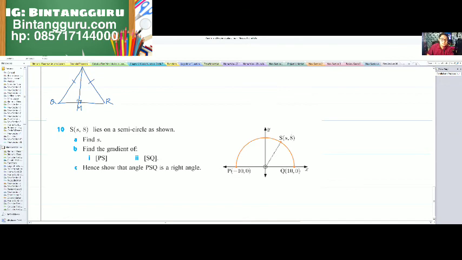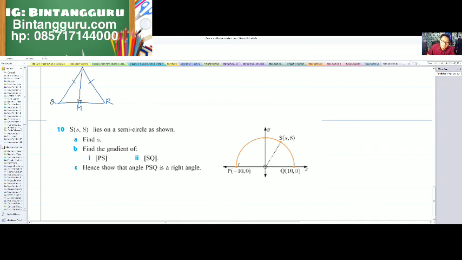Find S. The property of the circle is that we have radius.